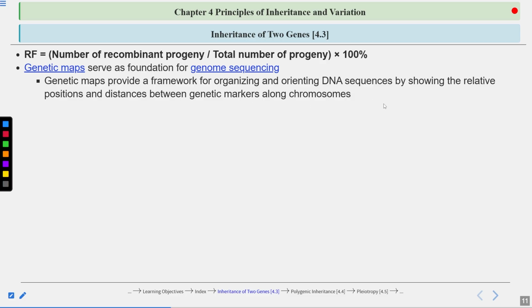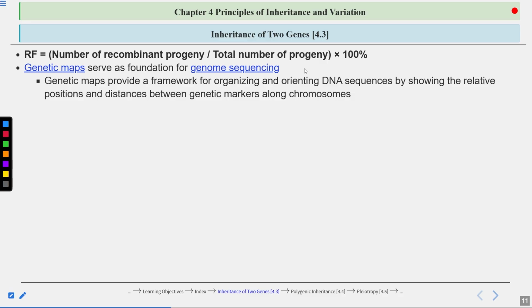Suppose there is one chromosome with three genes, A, B, and C. The genetic map will tell you the position of one gene relative to the other: the position of gene A relative to gene B, and of gene A relative to gene C. These genetic maps are used in genome sequencing. They are the foundation for the sequencing of the genome.